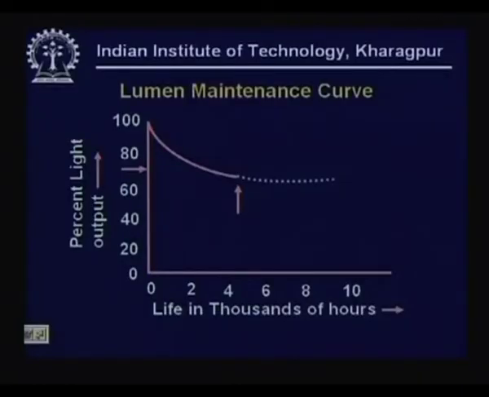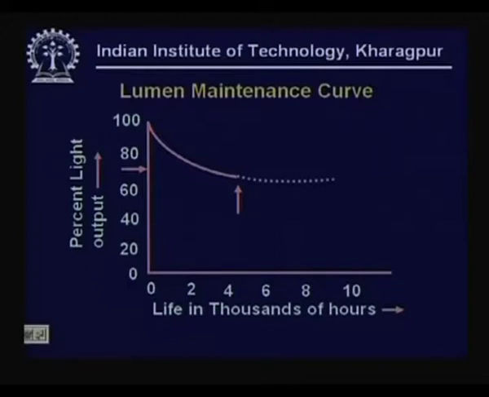Now, the other issue which comes is the virgin lamp has a certain light flux output. How does it maintain during its life? If you recall, a typical 100 watt incandescent lamp which we use these days is talked of in terms of at least 1000 hours of burning, and the other lamps, the fluorescent lamps, are claimed to have a few thousand hours.